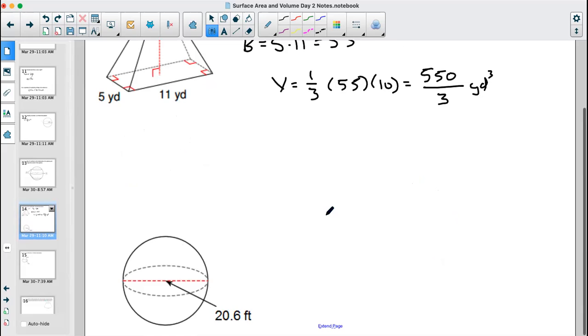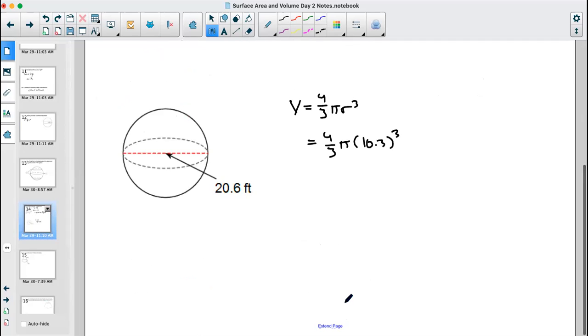So the sphere here: the volume of a sphere is 4/3 pi r cubed. The radius in this problem is conveniently half of 20.6, which is 10.3. So it's 4/3 pi times 10.3 cubed. I don't know why it says to provide exact answers here, but whatever.